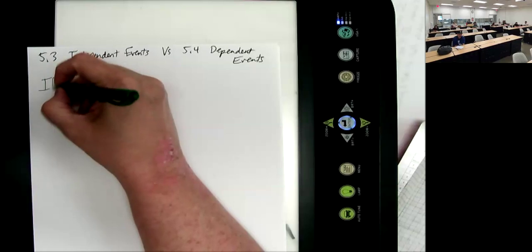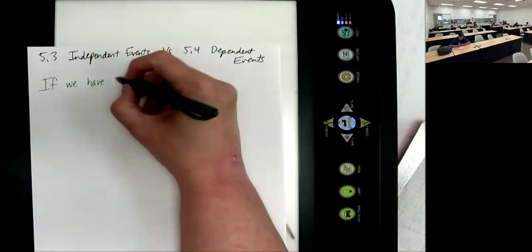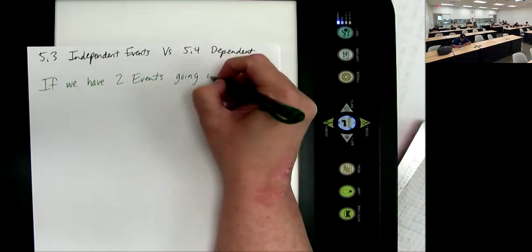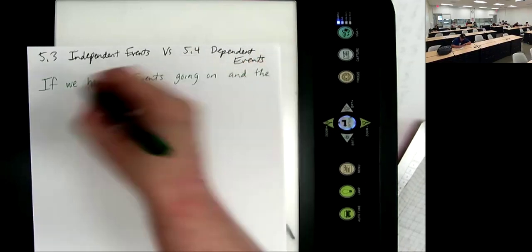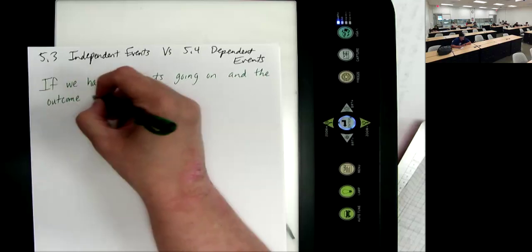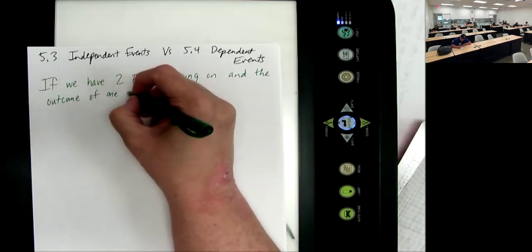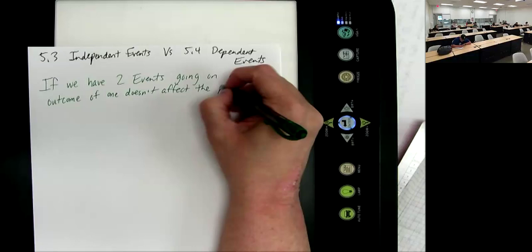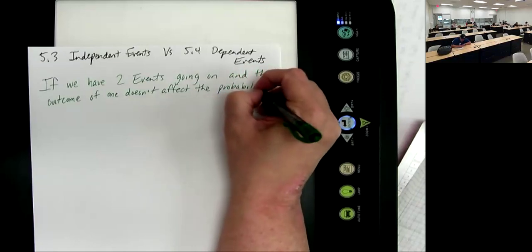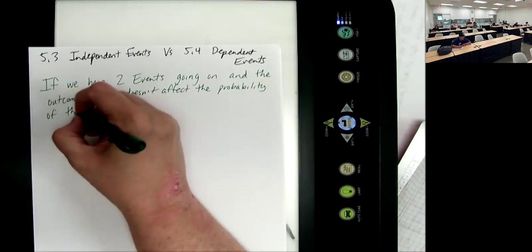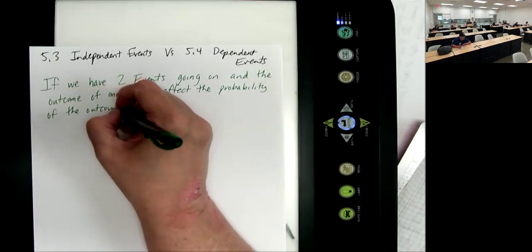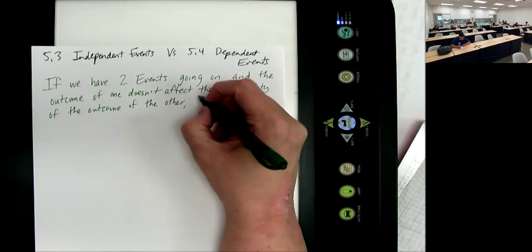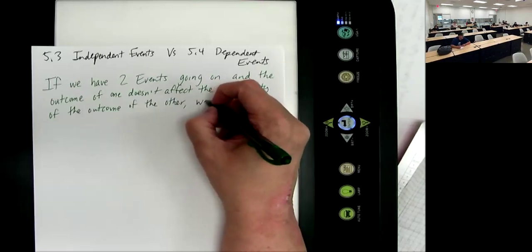If we have two events going on, and the outcome of one doesn't affect the probability of the outcome of the other, we say these events are independent.